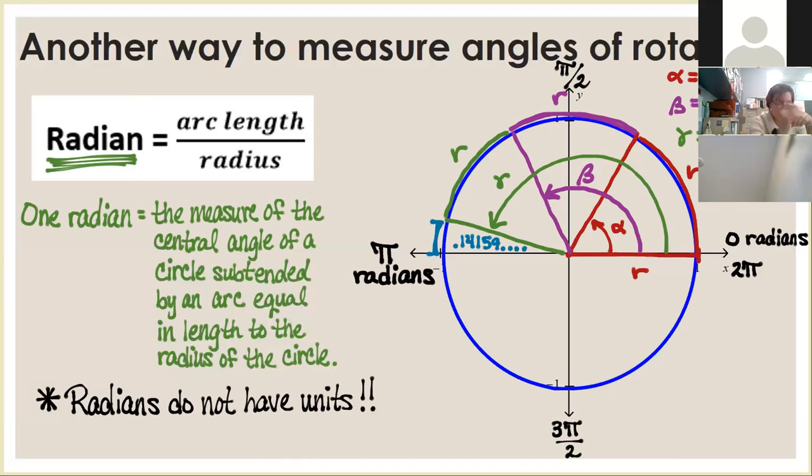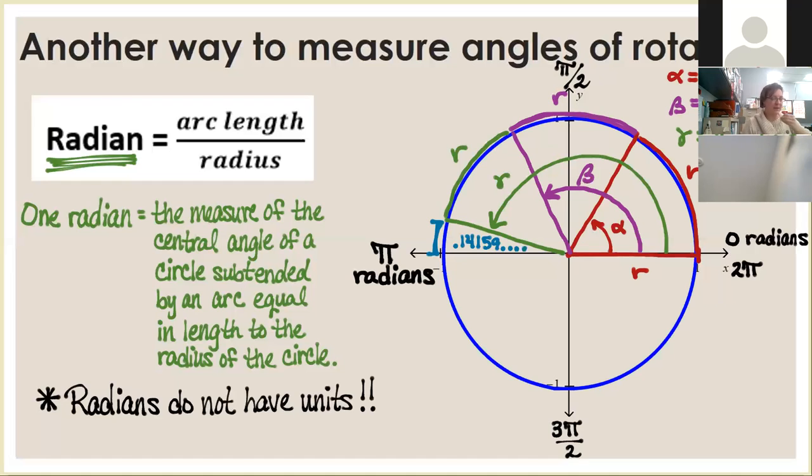Because we find a radian by taking our arc length and dividing it by our radius, whatever units, inches, centimeters, miles, kilometers, we would be using to measure along the radius and along that arc, because we'd have the same units in our numerator and in our denominator, they're actually going to cancel out. Radians are just a number. They become almost like a ratio, almost like a scale factor, if you want to think of it that way, just because our units have canceled out.